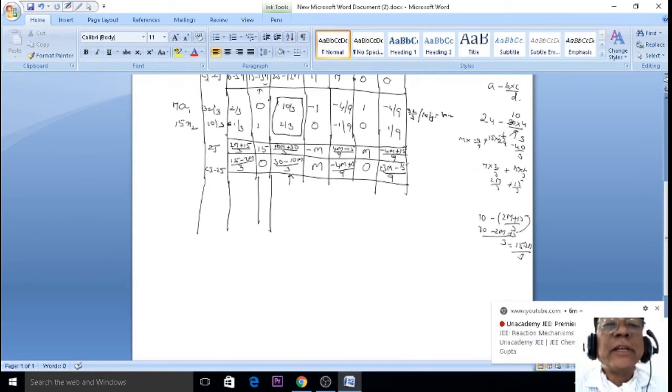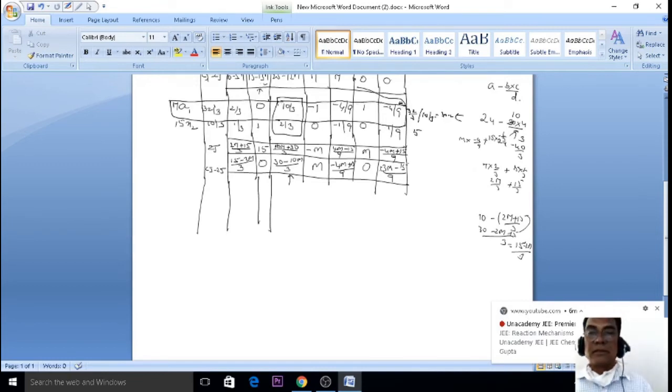Next, 10 divided by 3, this is the 5. Out of these two, this is the minimum value, so select it as the key row.